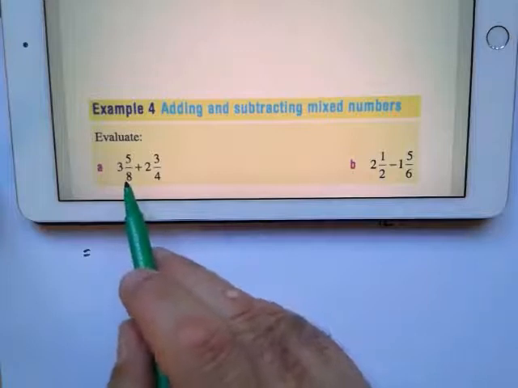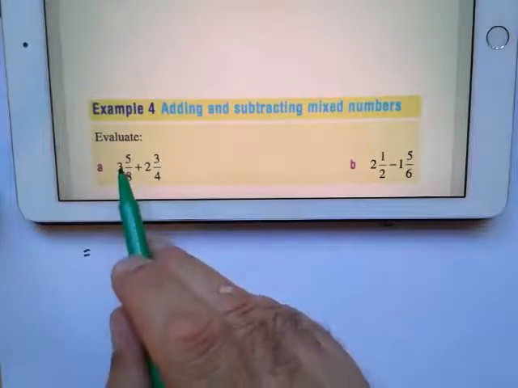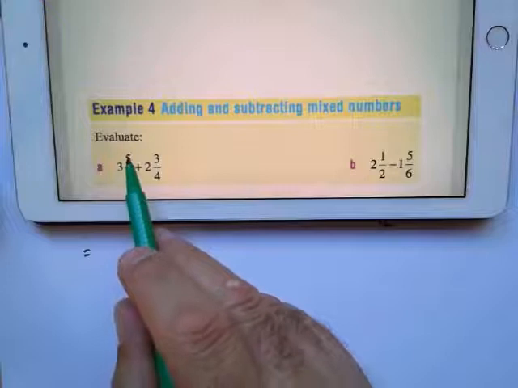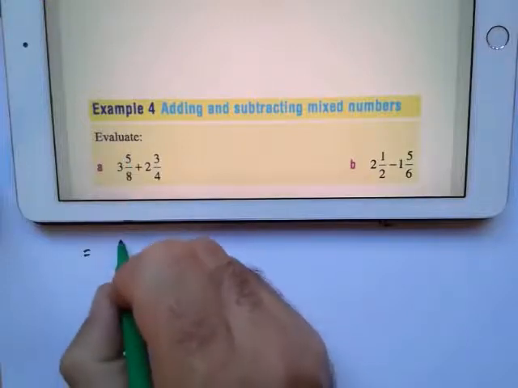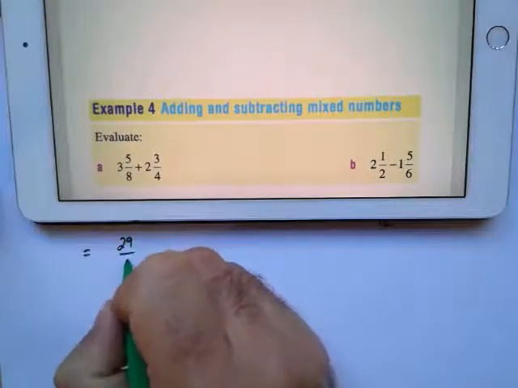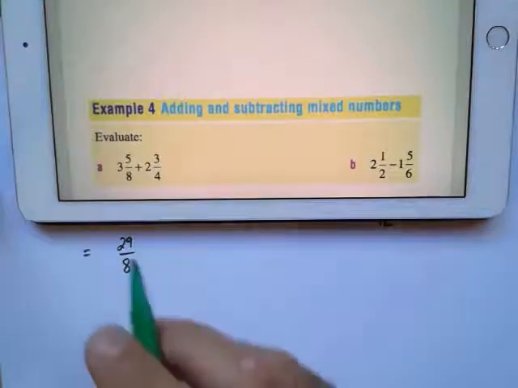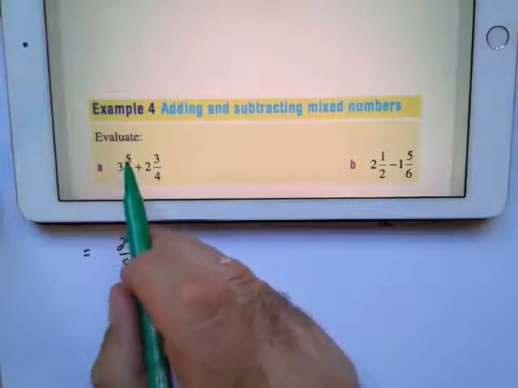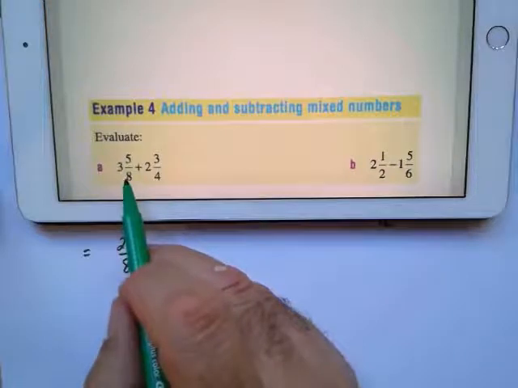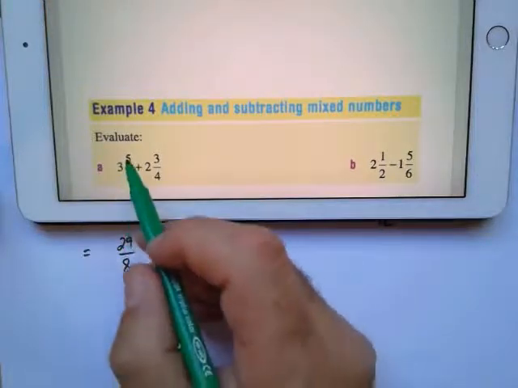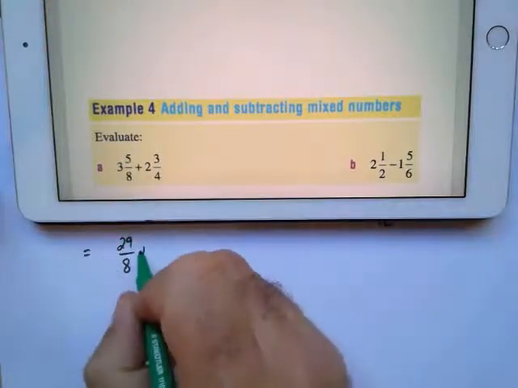So to do that, 8 times 3 is 24, 24 plus 5 is 29/8, because I've got 3 groups of 8/8, that's 24, plus 5 is 29/8.